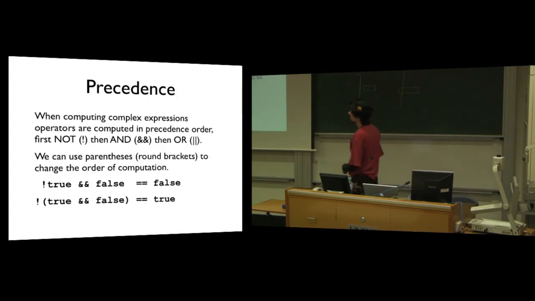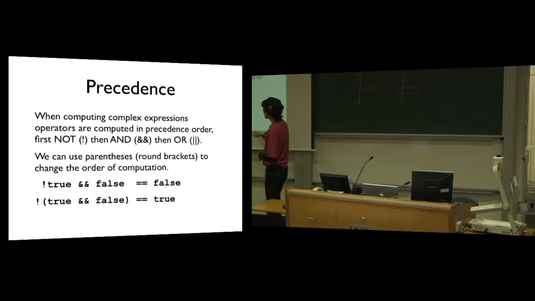Notice there's precedence. The not has precedence over the and, which has precedence over the or. So if we've got an expression like not true and false, that's saying not of true is false, false and false is false. If we want to change the evaluation order, then we can use parentheses.